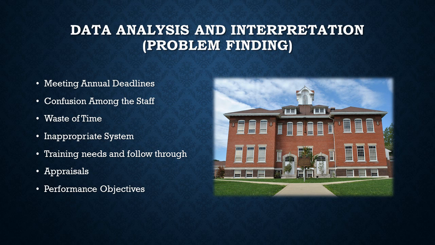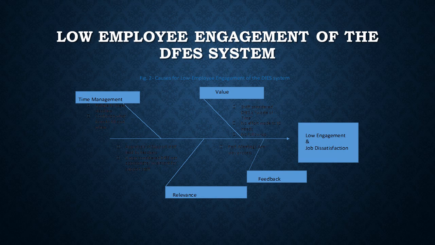Data analysis and interpretation, or problem finding, listed the following issues: meeting annual deadlines, confusion among the staff, waste of time, inappropriate system, training needs and follow-through, appraisals, and performance objectives. Low employee engagement in the British Department for Education system listed the following issues: time management, failure to meet deadlines, confusion of what form to fill and when.